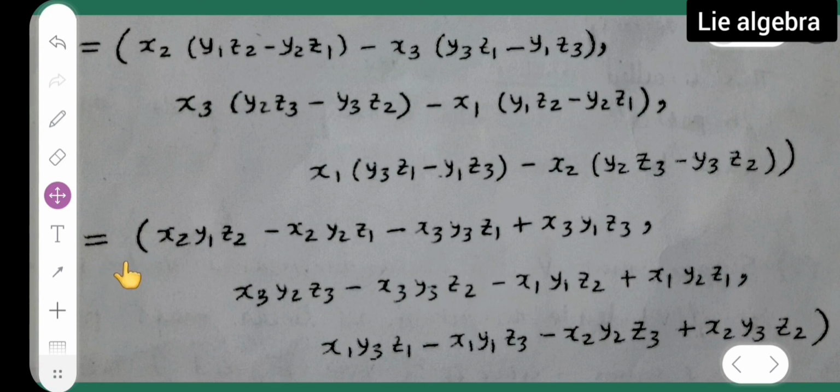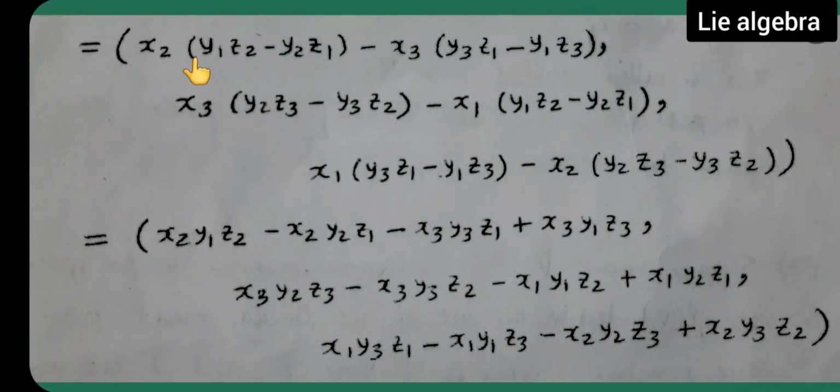Now this is equal to what? Now what you will have got? x2 y1 z2. Now we will have to multiply this. I have already told you all that you have to multiply this x2 on both sides of this, which I have already done here.